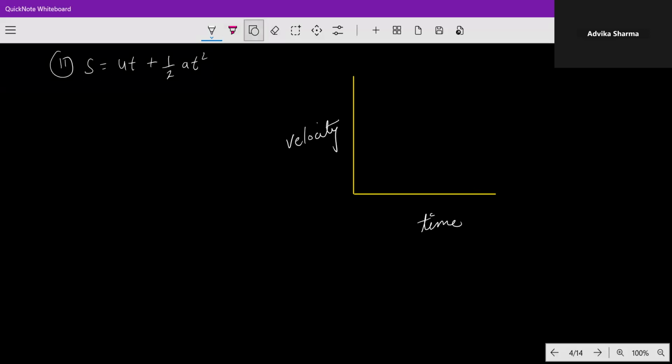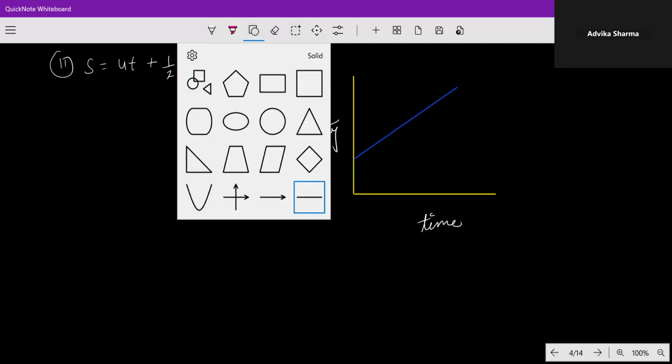Suppose that we have some initial velocity.